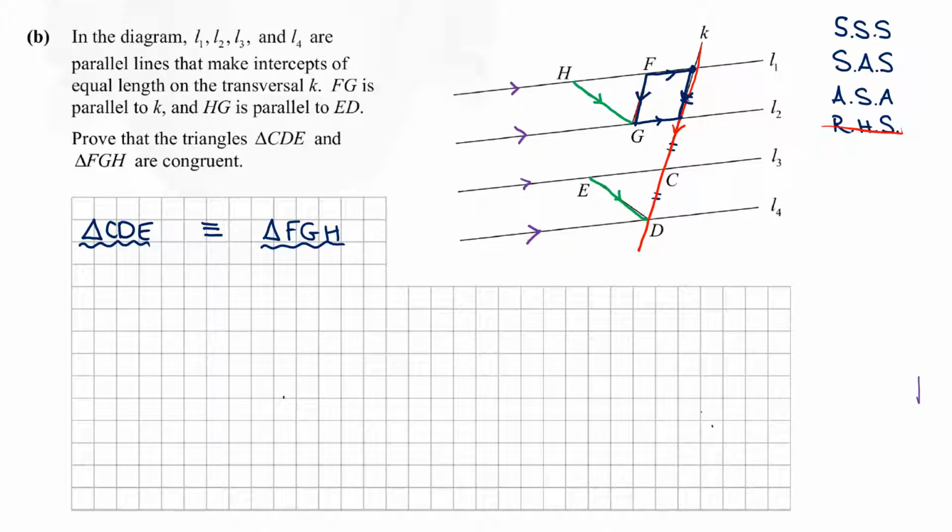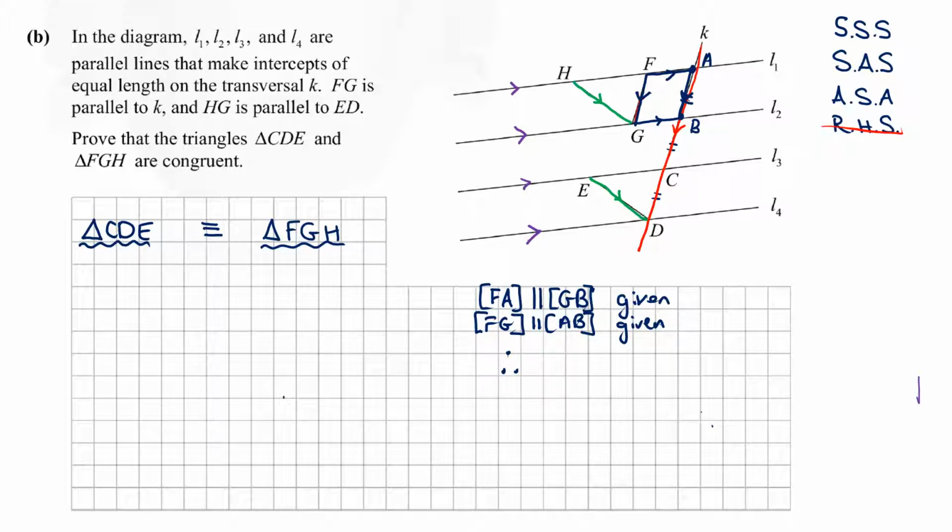I'll call this A, and I'm going to call this B. So we're going to say FA is parallel to GB. That was given to us. And FG is parallel to AB, and that was also given.